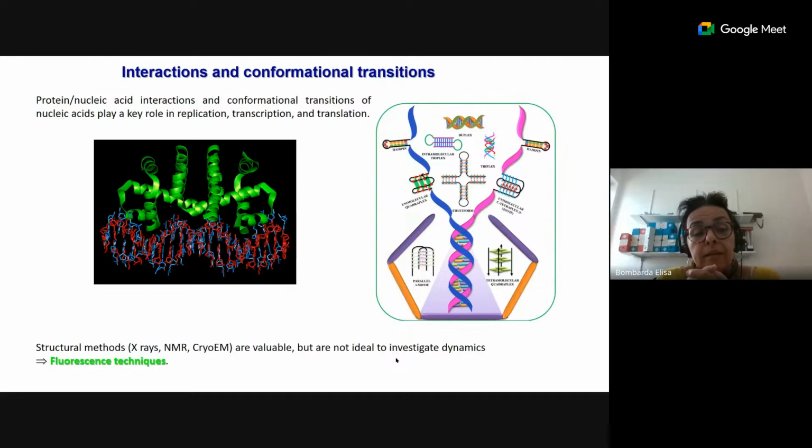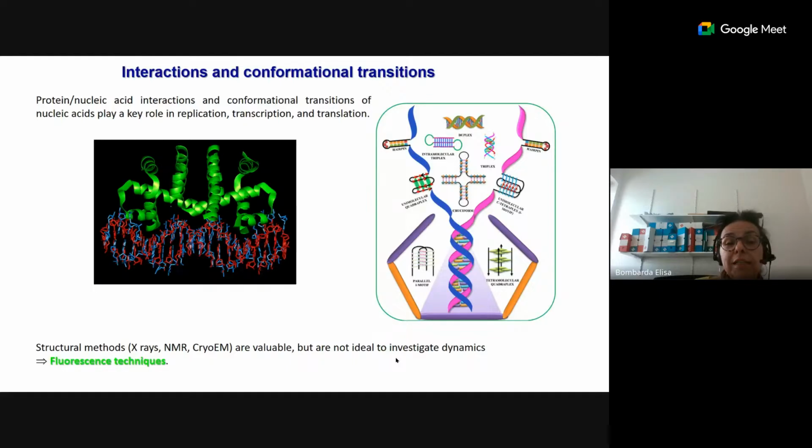In this respect, fluorescence techniques may help, and that's why we are here. We want to know more about fluorescence, and also how we can use fluorescence molecules to study these mechanisms, and which fluorescence molecule can be used for one purpose or the other.